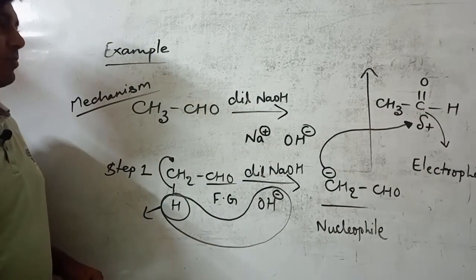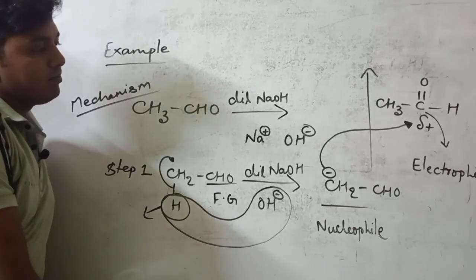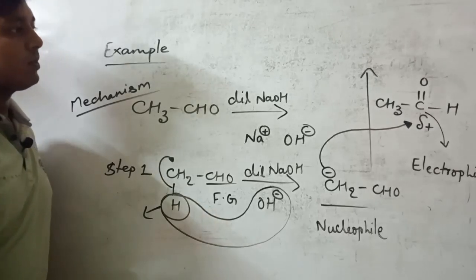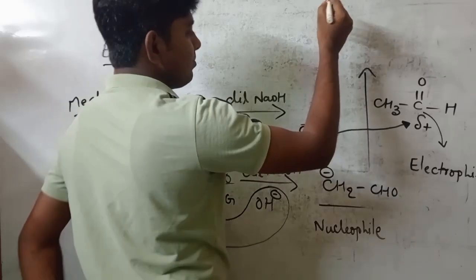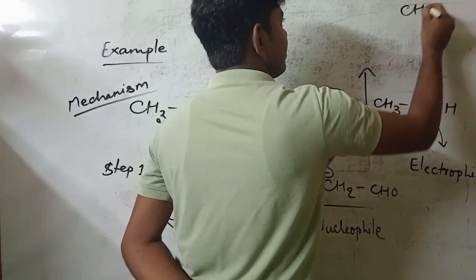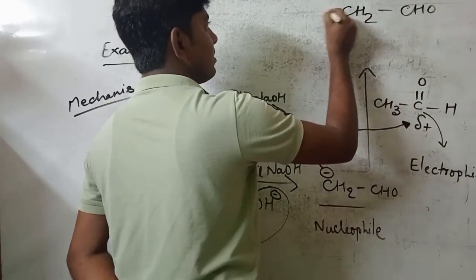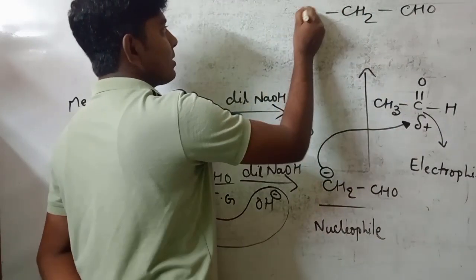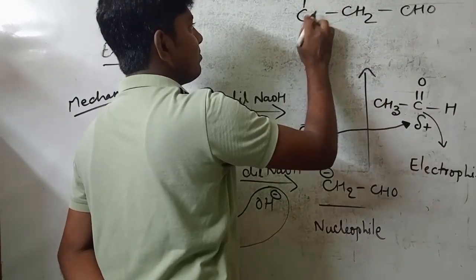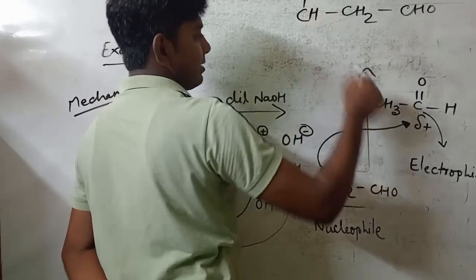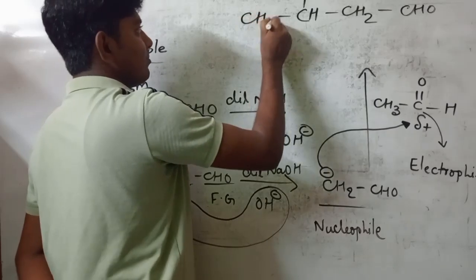After that, we can write here CH2, this carbon atom C, O negative, here is one hydrogen CH, then one methyl group CH3.